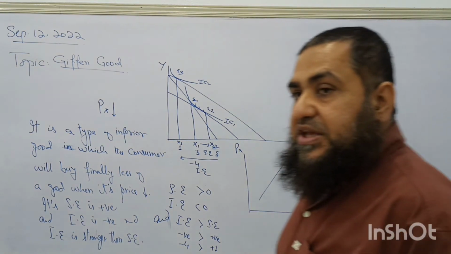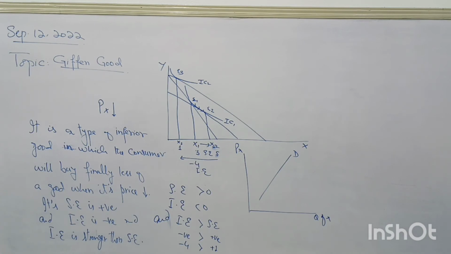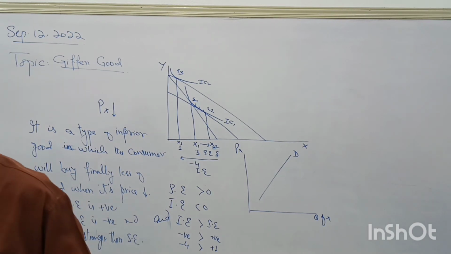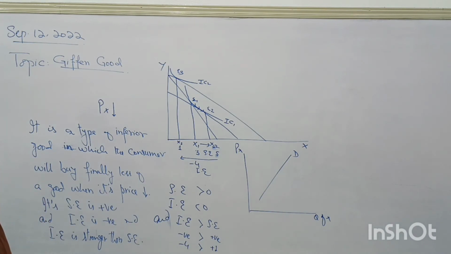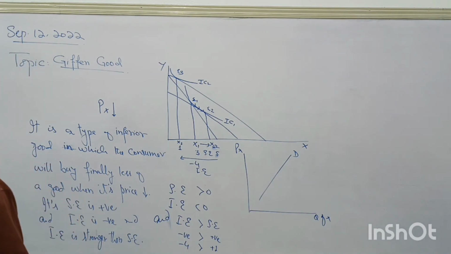So the shares market, stock exchange market, equities market is a type of Giffen good where, when prices of shares in the stock exchange are increasing, the buyers will buy more shares because they anticipate that the future price of shares will further increase and they will have a capital gain to earn.